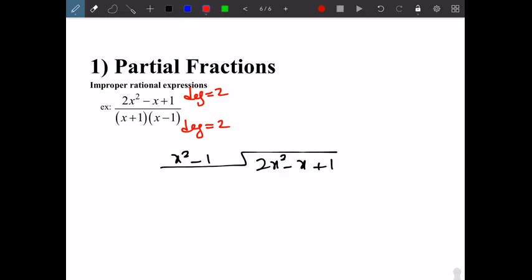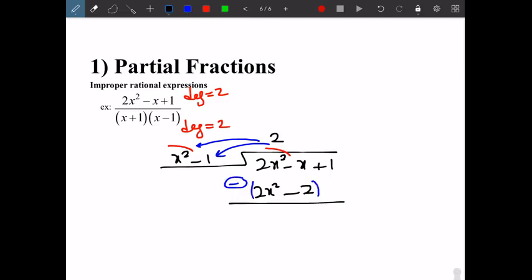So long division: 2x squared divided by x squared, first term divided by first term. That gives me a 2, because 2x squared over x squared is 2. Then I multiply 2 into each factor of the divisor, so it's 2x squared minus 2. Then we subtract, but don't forget the negative expands into the whole polynomial.